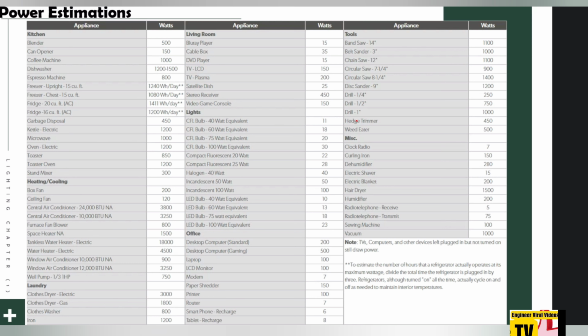You can use this table or any table. Don't worry, I will attach a PDF for you that contains the consumption of many electrical equipment.